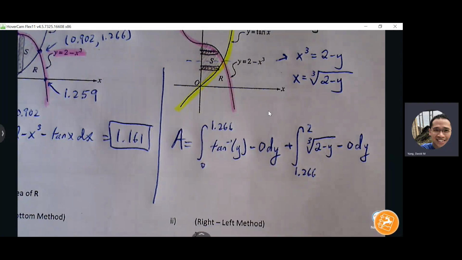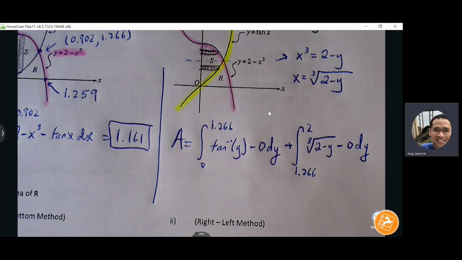Now, given the choice, not many students will choose this method, but it is very good practice for us to get used to this orientation. In your calculator, this is what you put on paper, but in your calculator, you're going to enter everything in as what? X. Good. So you're not going to make the adjustment in the calculator, but on paper, you just know that everything's in terms of y.